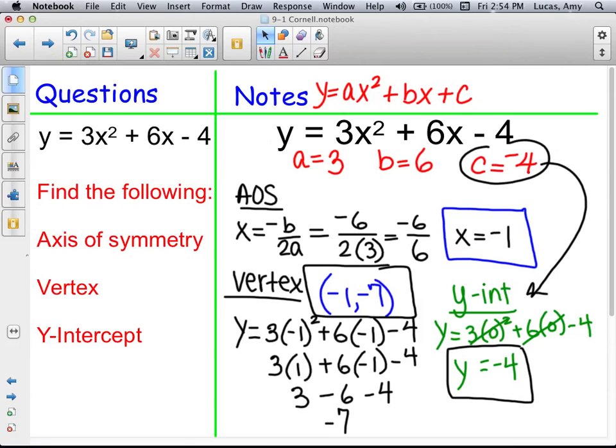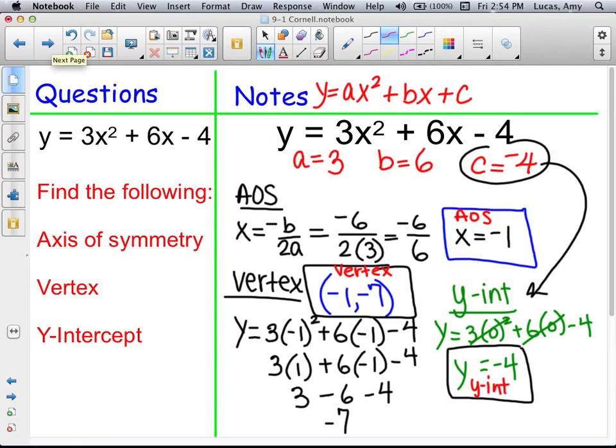So we have the axis of symmetry, the vertex, and the y-intercept. 3 pieces of information about our quadratic.